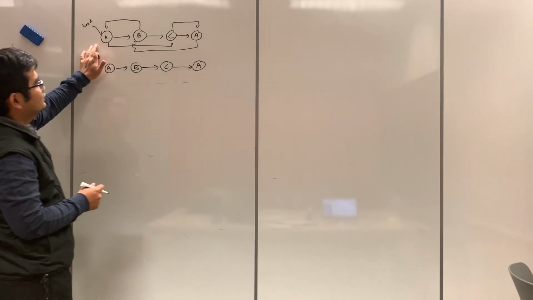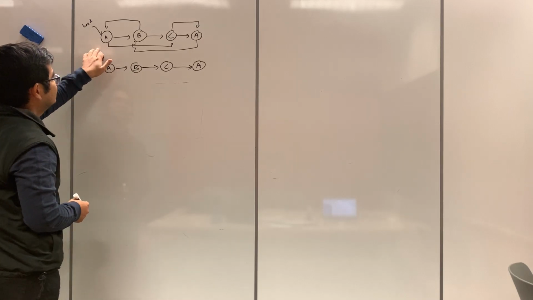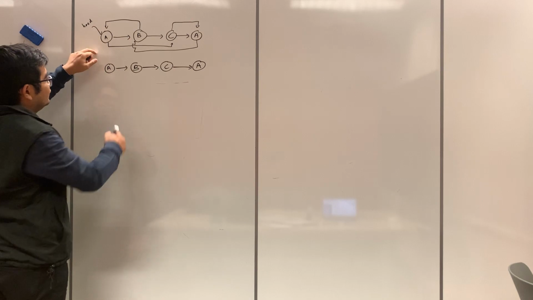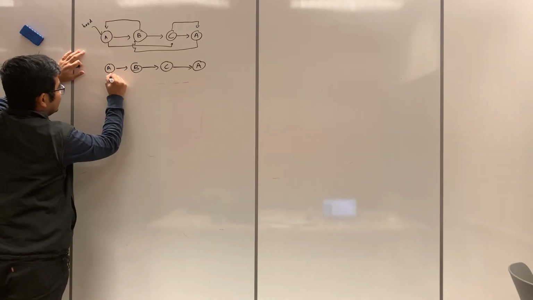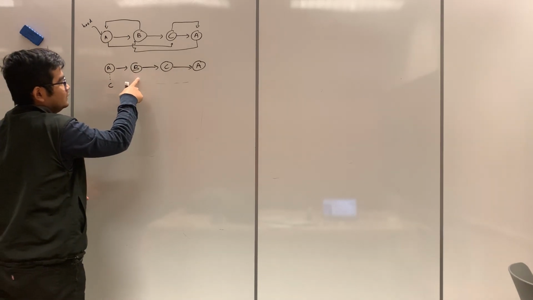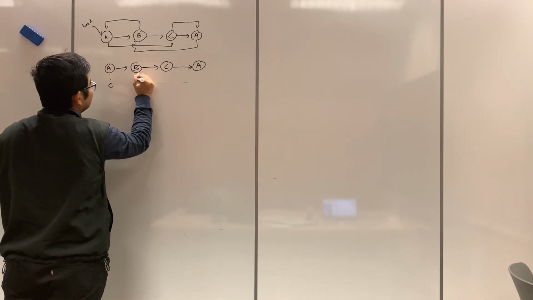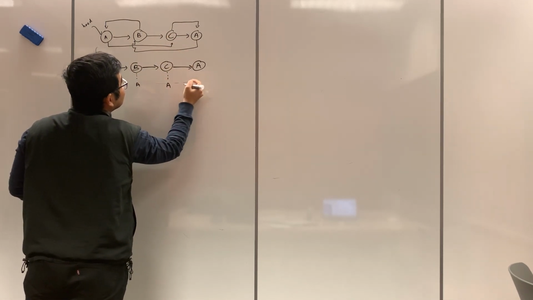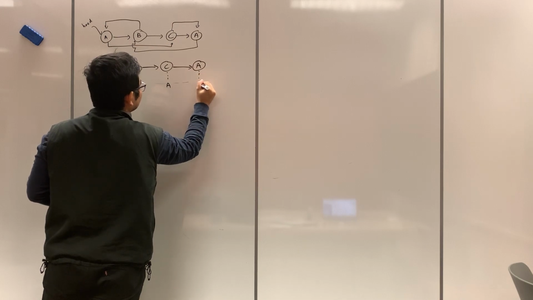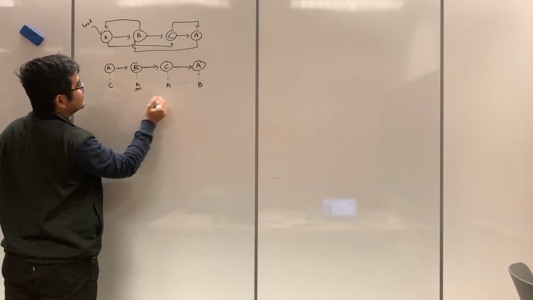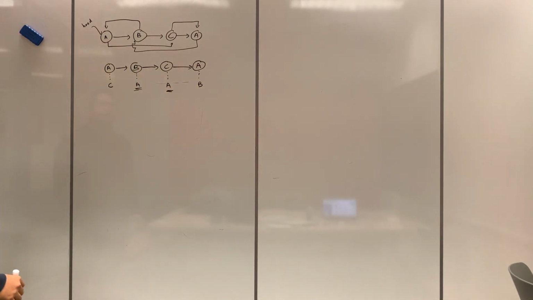And then as we traverse through this, we can keep a record saying that A has to map to C, and B has to map to A, and C is mapped to A, and A is mapped to B. But as you can see right here, we run into the problem. We don't know which A this is because we have two A.